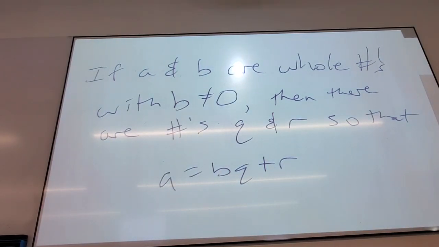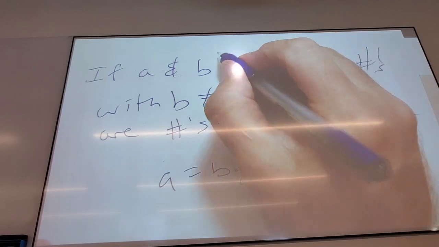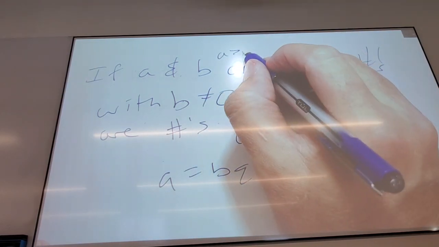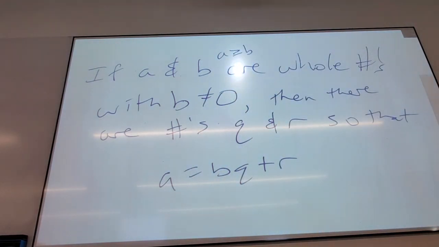I think something else that they didn't put in here is a has to be greater than or equal to b, and r has to be between 0 and b.